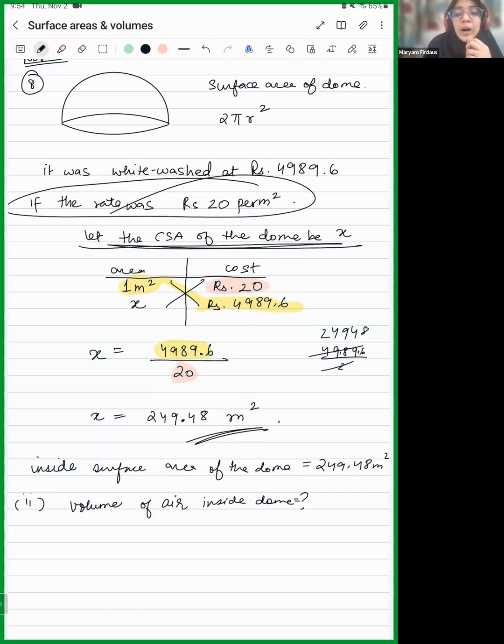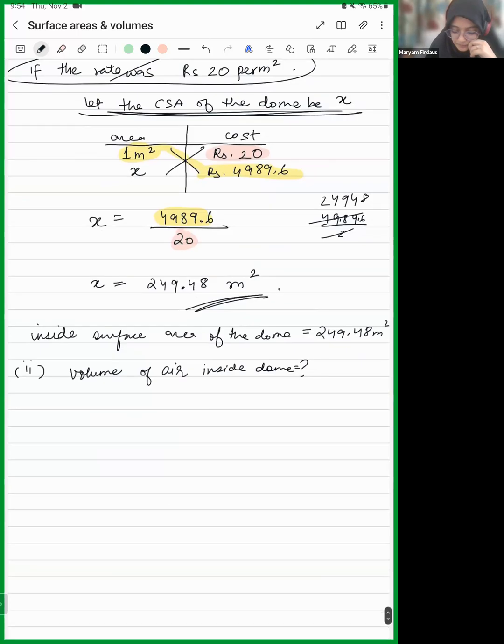So how will we do this? We have to find the volume of the dome. We have to find the R. Very good. So how will we find the R? 2 pi R square is equal to the surface area. Very good.